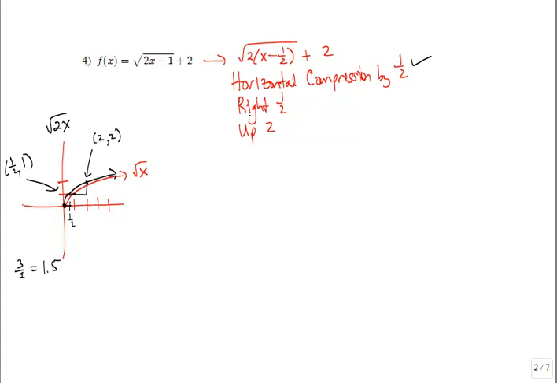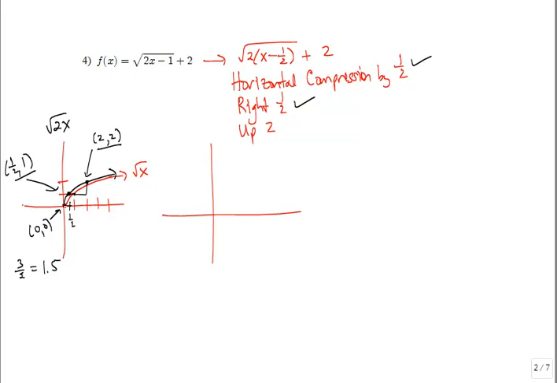Now we still need to move everything right by a half. So let me make a new graph here. We're going to take each of these 3 key points right here, which is 0, 0, this point right here, which is 1/2, 1, and this point right here, which is 2, 2, we're going to move each of those right 1/2.